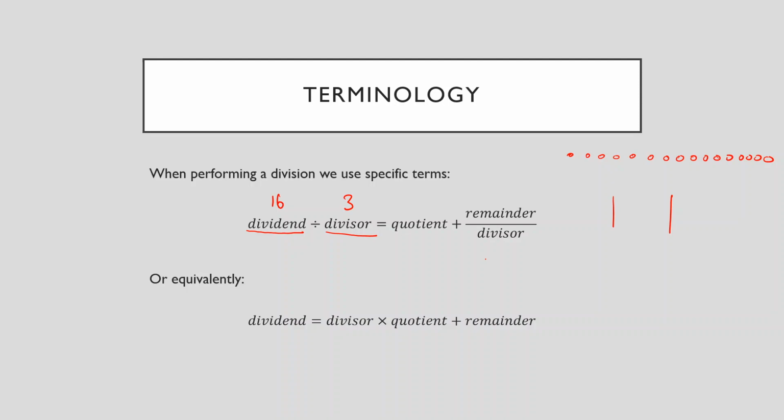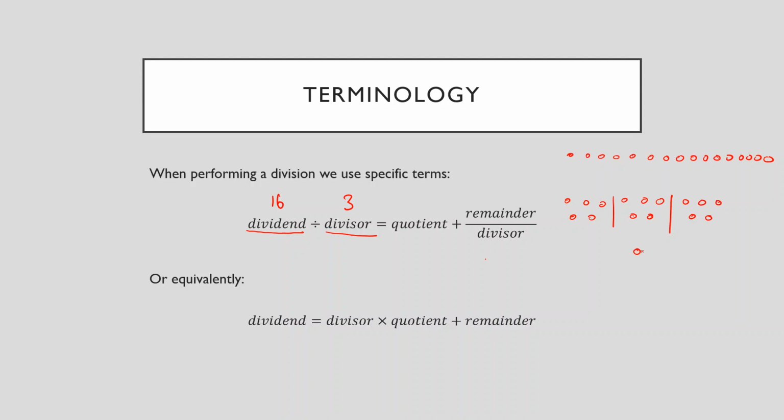So let's do that. 1, 2, 3, 4, 5, 6, 7, 8, 9, 10, 11, 12, 13, 14, 15, and I've got one left over, which I can't really share between these 3 groups. If I can't cut it into pieces, it's left on its own, so I'll leave that at the front here.